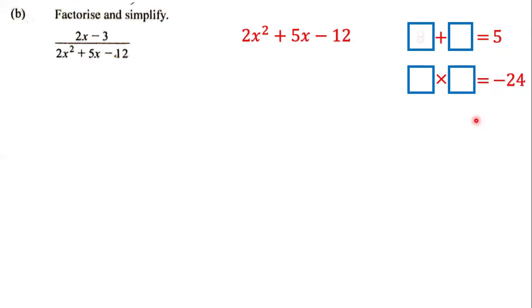So we're going to find two numbers that add to 5 and multiply to negative 24. The two numbers that we're going to use are 8 and negative 3, because 8 plus negative 3 is positive 5, and 8 times negative 3 is negative 24.